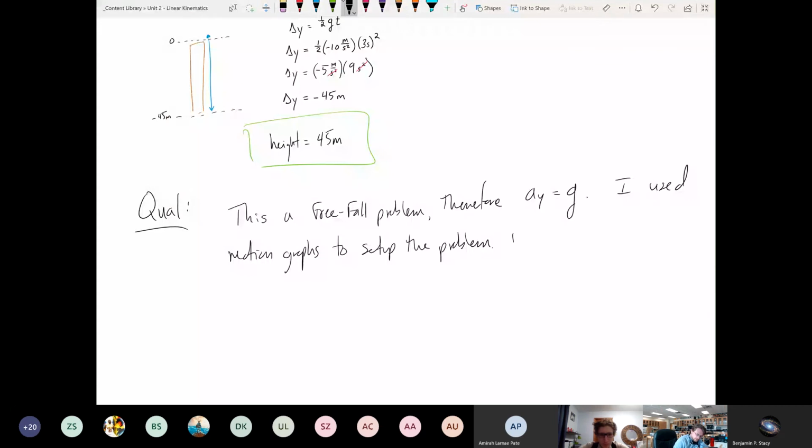I used kinematic equations. I used only one. I used a kinematic equation with delta y so that I could find the height. That's what the question was about: find the height of the building.